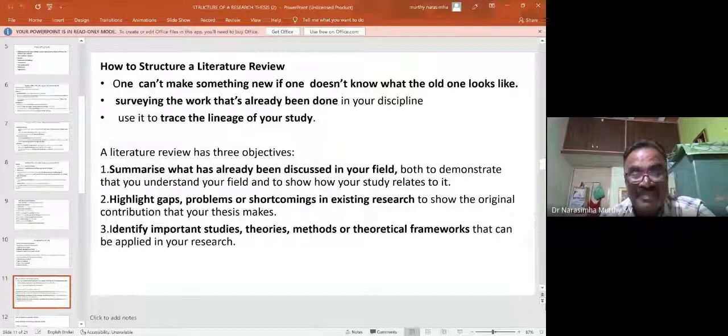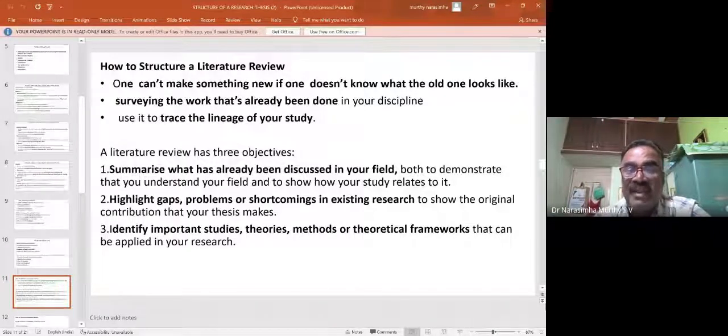And the next section will be to highlight the gaps. See, the very purpose of a literature review is to find out the gaps, problems or shortcomings in the existing research area. This will clearly tell the reader that you are going to give something new. This will help the reader to guess that some novelty can be expected from your work.